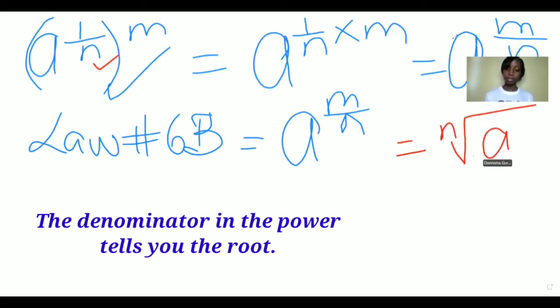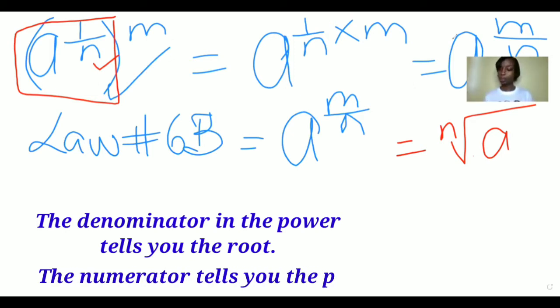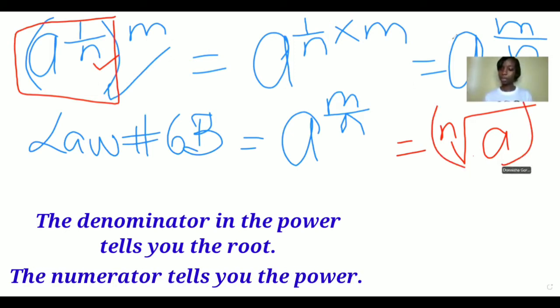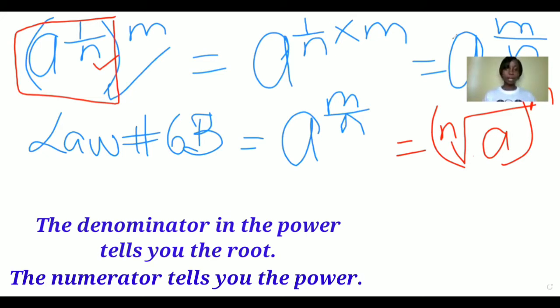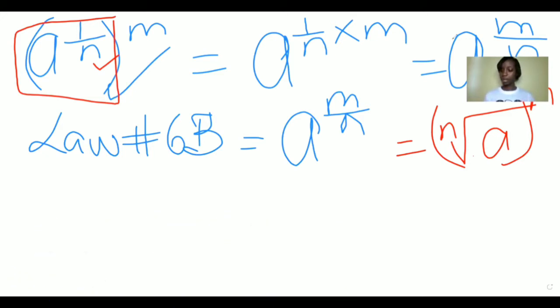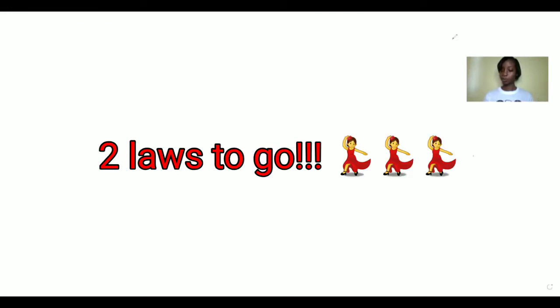So this original statement would mean that we are raising the nth root of a to the power of m. All right, so you can take this off as our 6th law, part 2. All right, so law 6b. All right, and then we are coming down nicely. We have just about 2 to go.